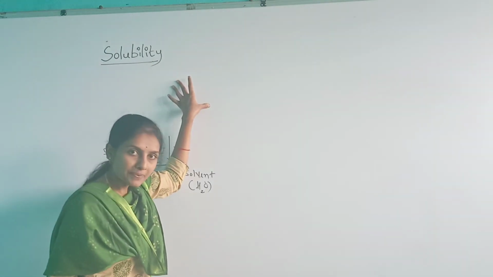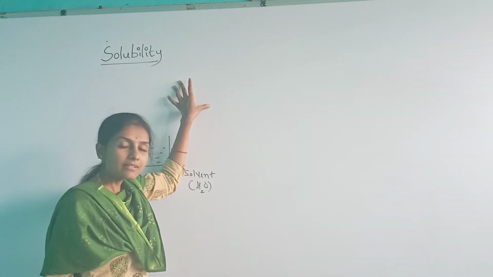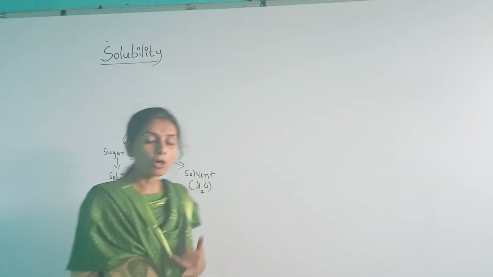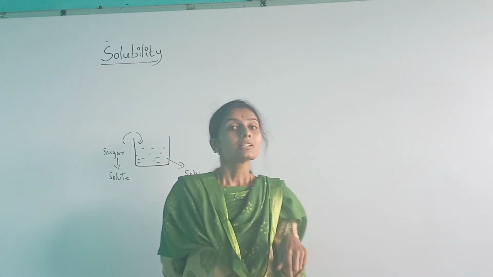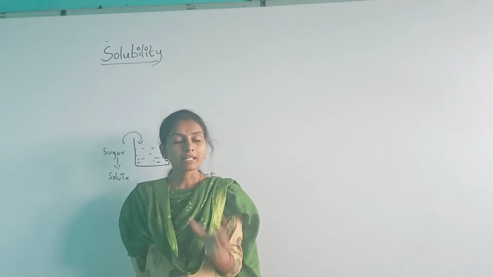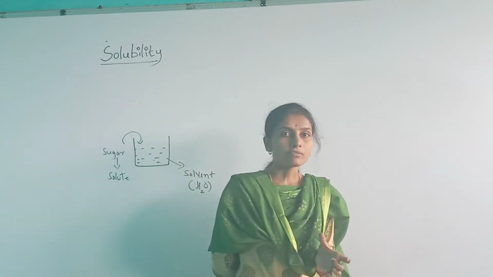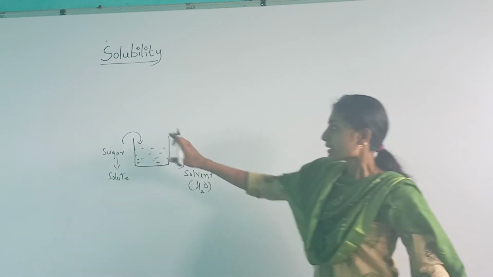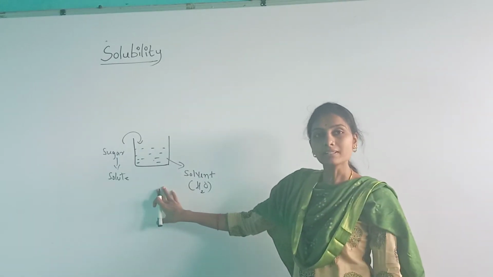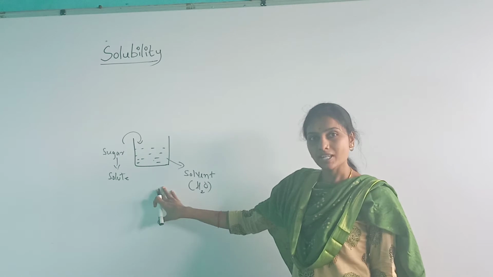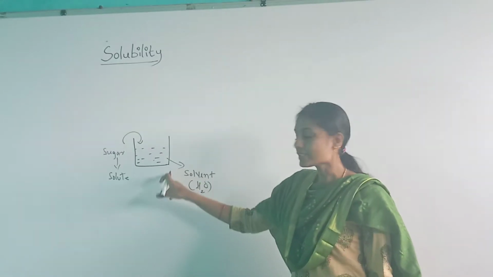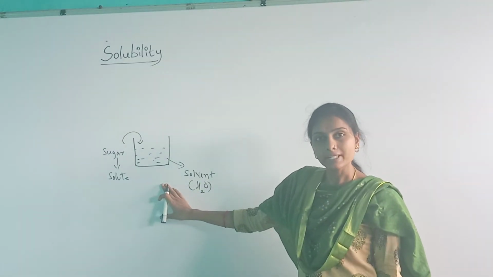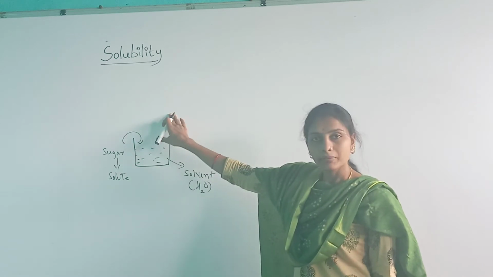Solubility of a substance is its property to get solubilized in a given solvent at a particular temperature. At a given temperature, the amount of substance which can get solubilized in a given solvent, that property itself is called solubility.